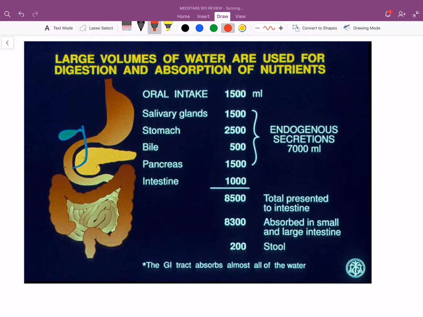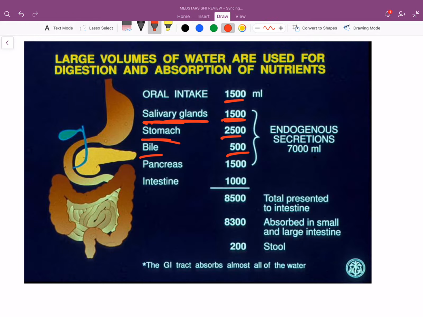So let's say we consume 1.5 liters of water. That's going to distend our stomach, obviously, and then we're going to get secretions from our GI. Let's say the saliva dumps out every day, right? Every day we make a bunch of saliva. It's like 1.5 liters. Our stomach throughout the day dumps out 2.5 liters.